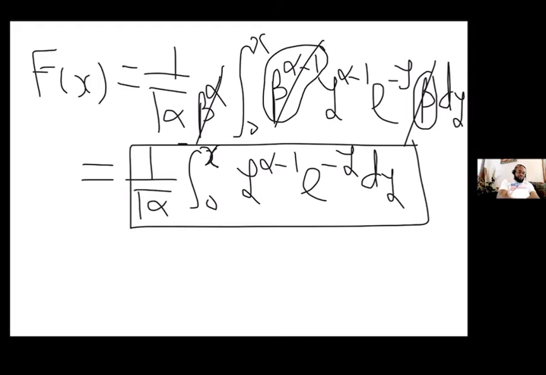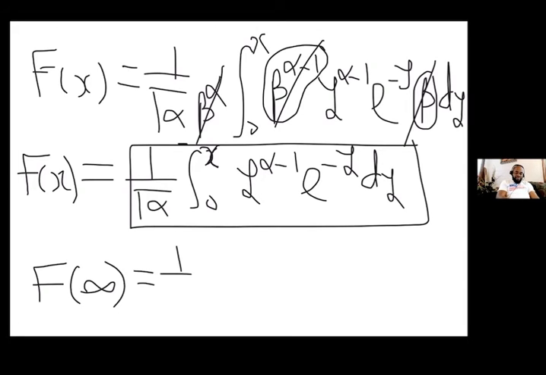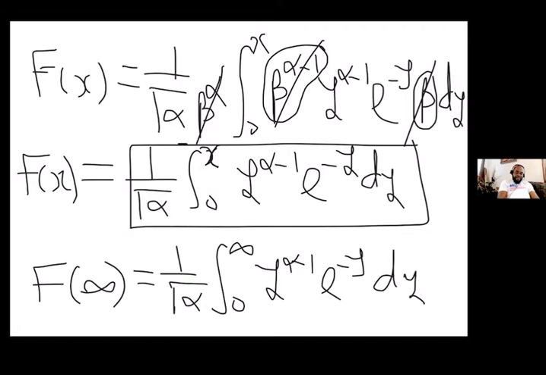So what I'm trying to tell you now is that this is the CDF of a gamma distribution, because it is an incomplete gamma function, it terminates at a particular value of x. Now if you use the entire range, for instance if x is infinity, you're going to have 0 to infinity y raised to power alpha minus 1, exponential minus y dy, and this is gamma alpha.